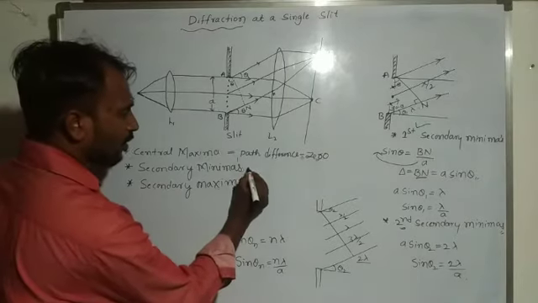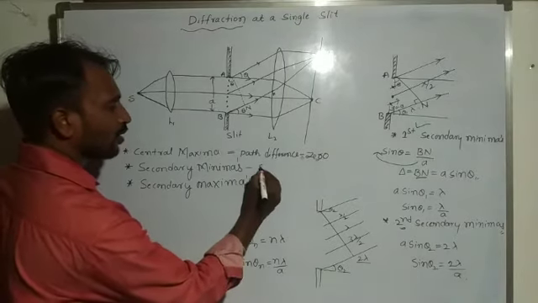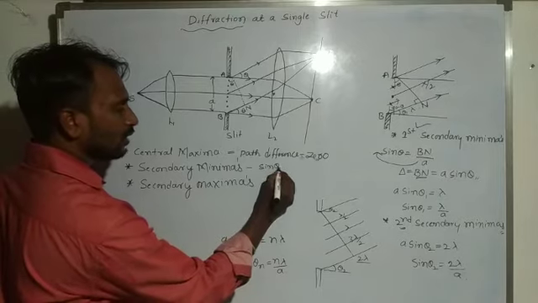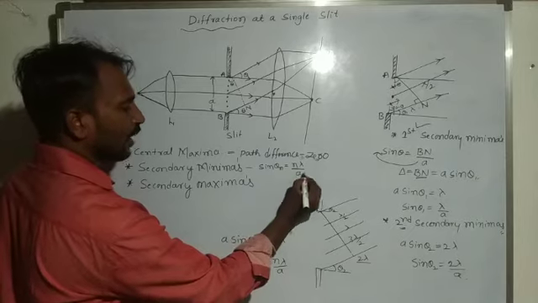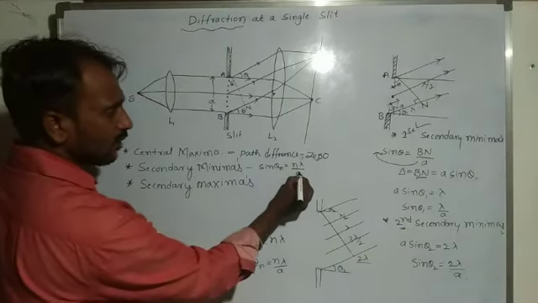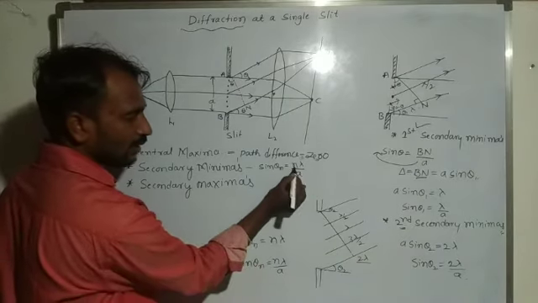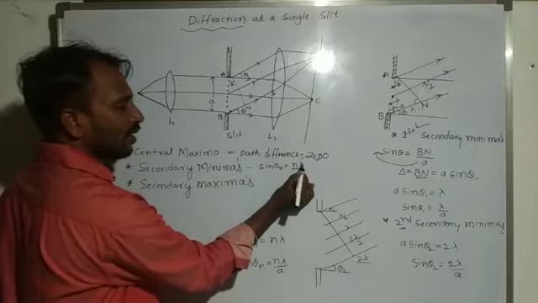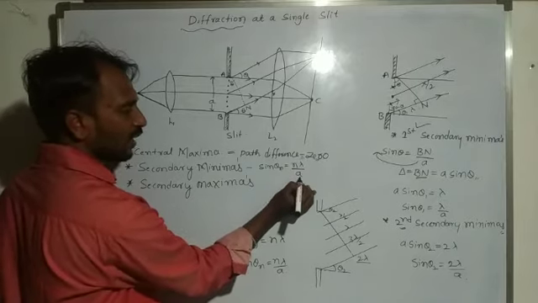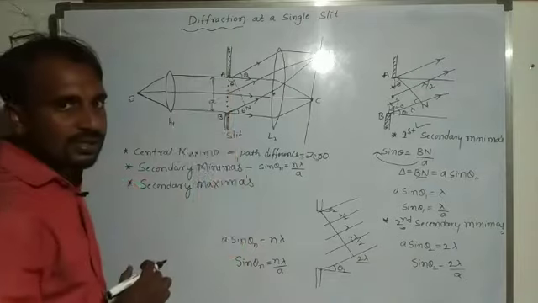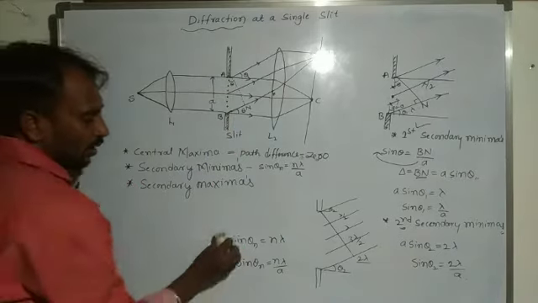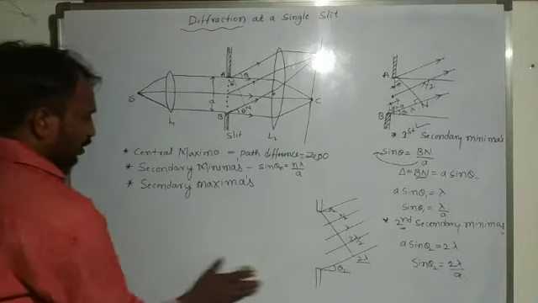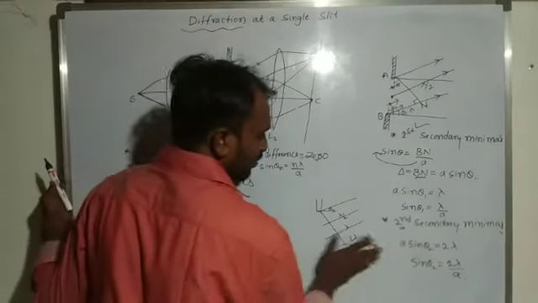Lambda means wavelength, and A is the width of the slit, the distance between A and B. Next, we want to find the secondary maxima.